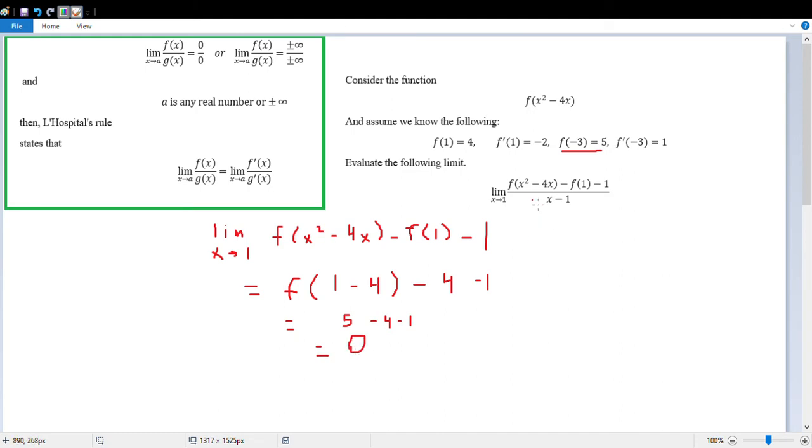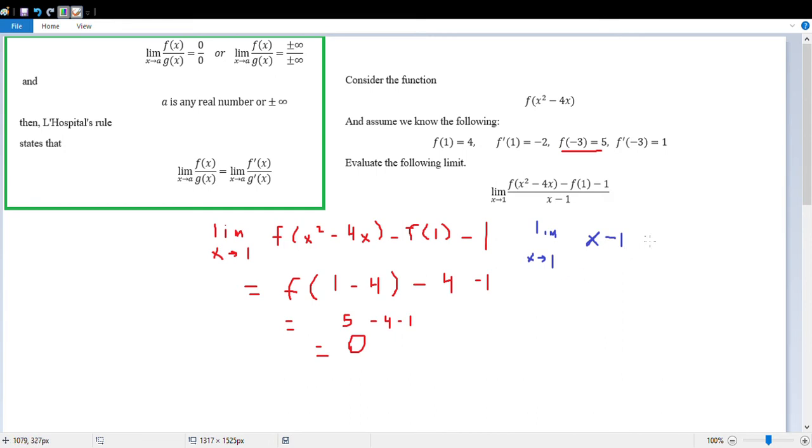Now, because the numerator is 0, we need to show that the bottom is 0 as well in order to apply L'Hopital's. Let me just do the denominator in a different color here. Use blue. Okay, so we have the limit as x approaches 1 of x minus 1.